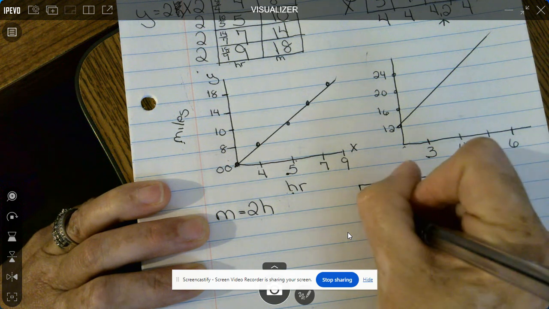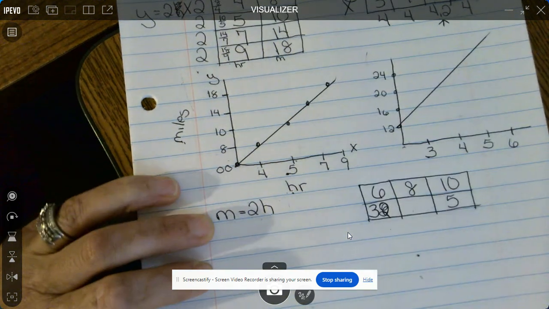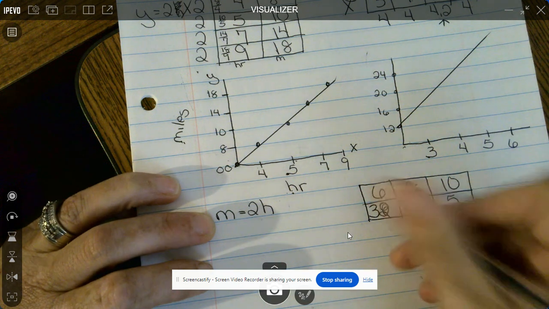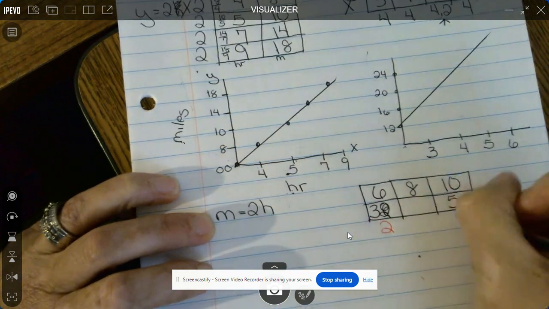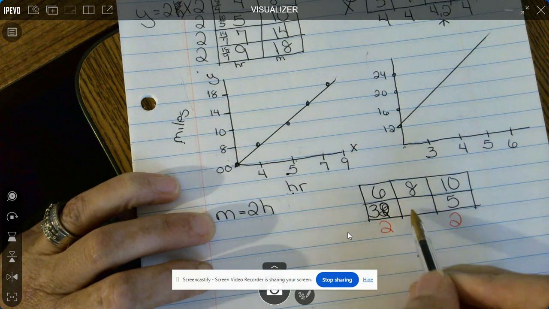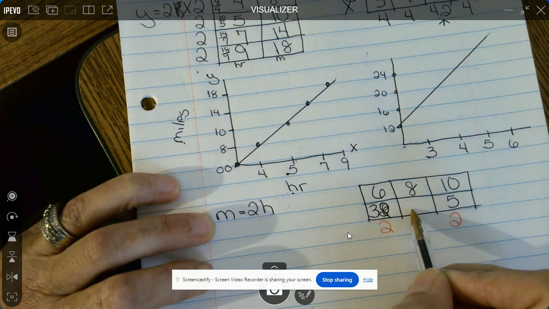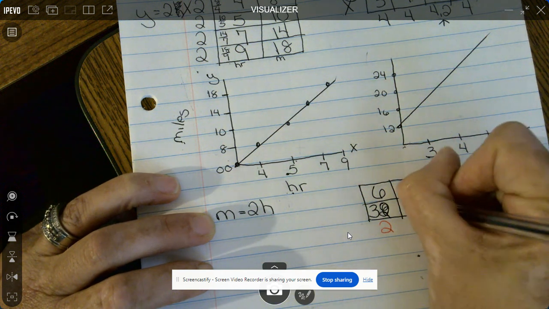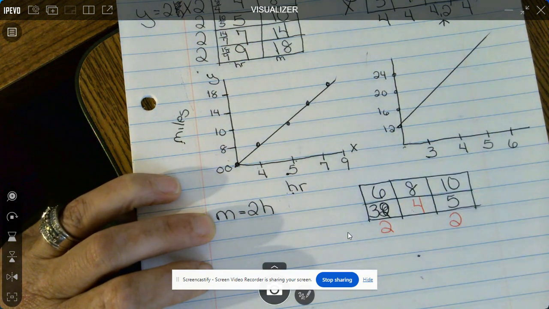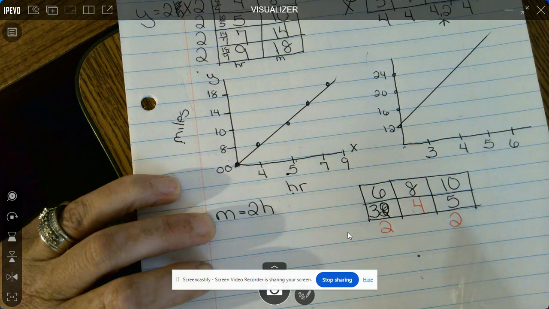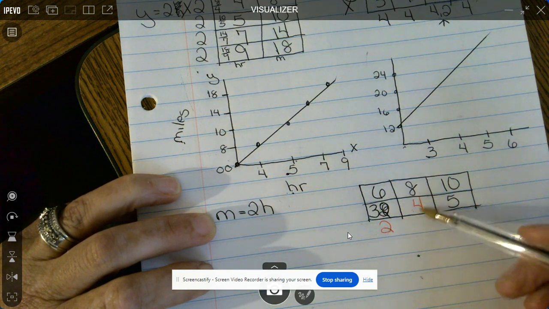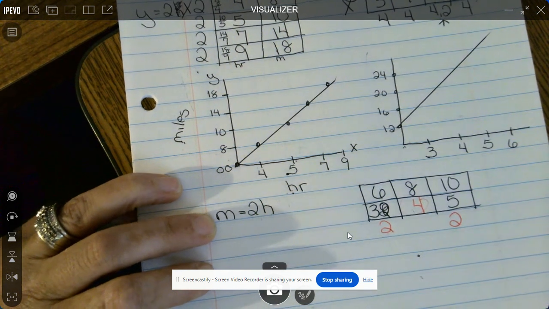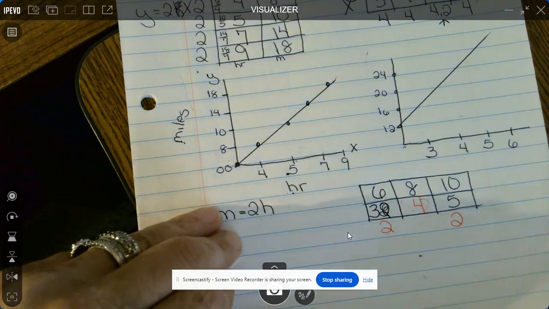All right, let's say that this is 3. So this all has a constant rate of 2. How do you figure out what this is? Yep, 8 divided by 2 would give you 4. Find out what your rate is, and then whatever you do, you kind of reverse it. All right, are we good on this?